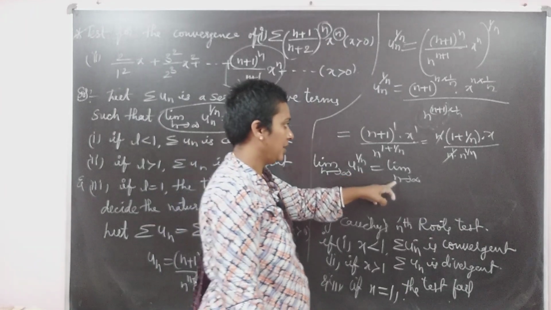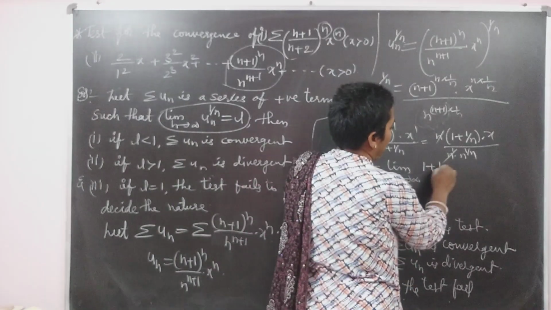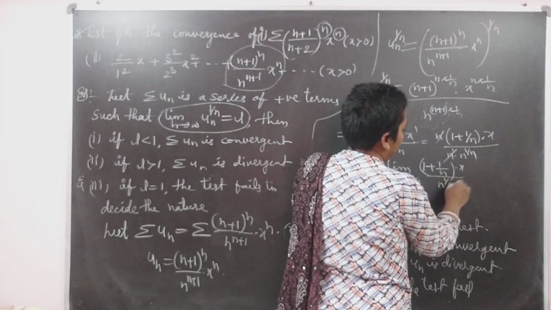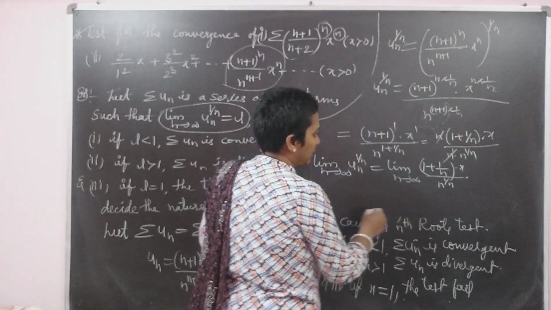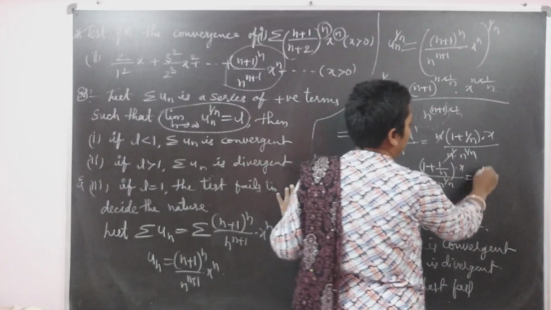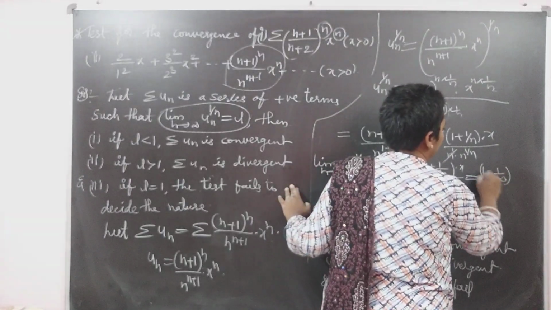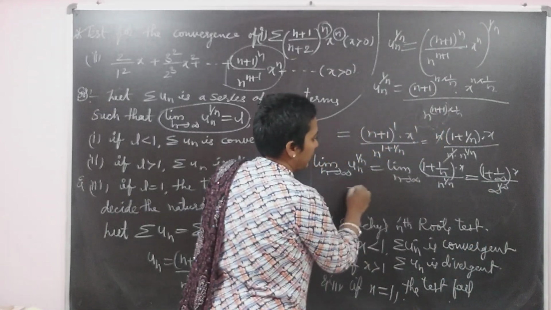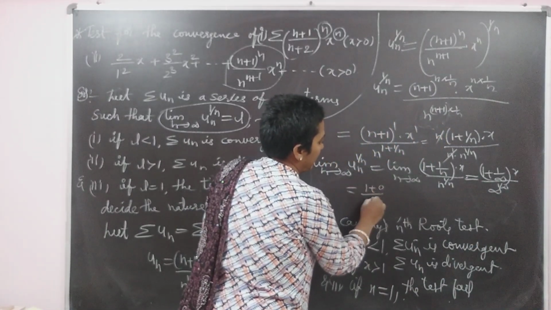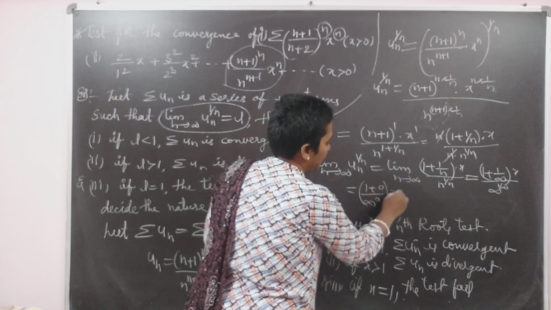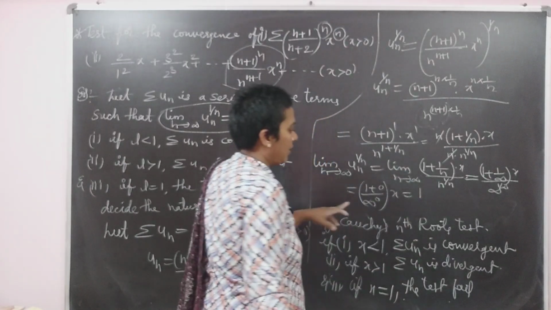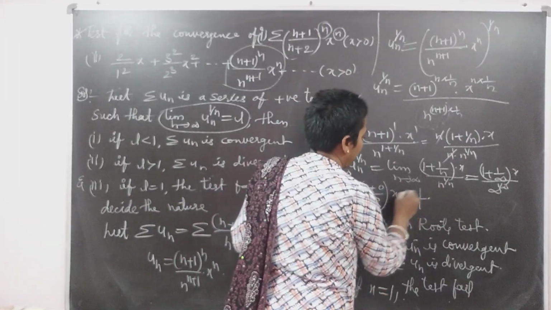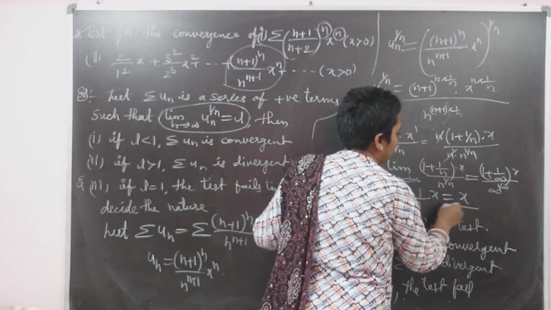Now we can take the limit n tends to infinity of (1 plus 1 by n) into x by n power 1 by n. Now we can write the limit values: 1 plus 1 by infinity into x by infinity power 1 by infinity, that is equal to 1 plus 0 by infinity power 0 into x. Infinity power 0 means 1, so it is 1 by 1 into x, equal to x.